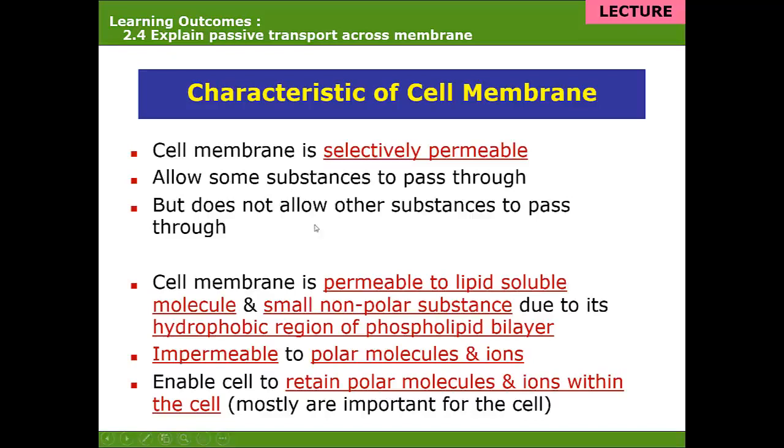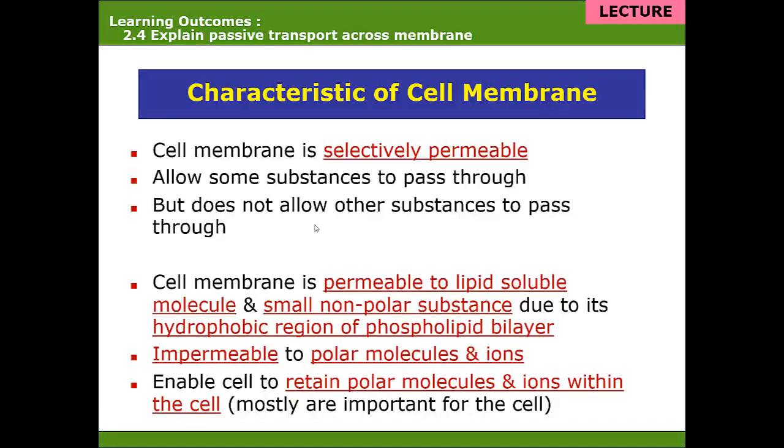Before you learn further about the transport across membrane, you need to know the structure or the characteristics of the cell membrane. In fact, you have learned this in subtopic 2.2, where you have learned about the structure, the characteristics and the function of the cell membrane in detail.